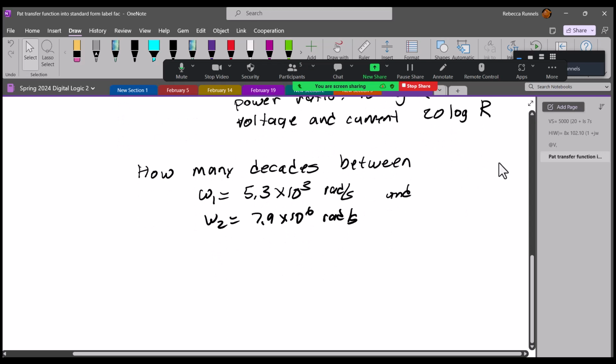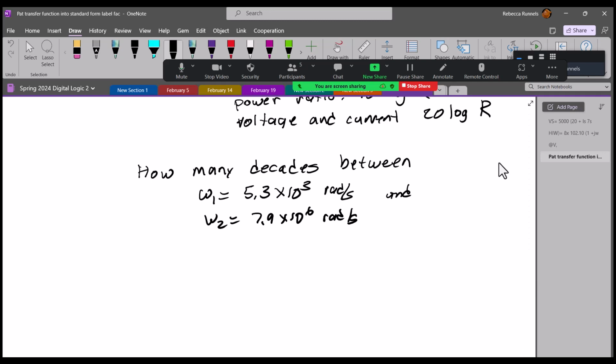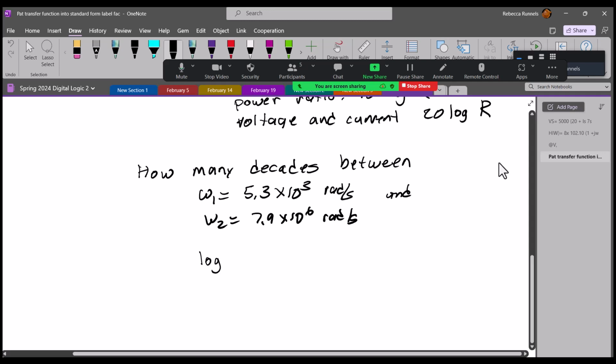You know there are roughly 3 decades between them, because there are 3 powers of 10 in between. But if you want exactly how many, you use log, because log tells you how many powers of 10: the log of omega 2 over omega 1.